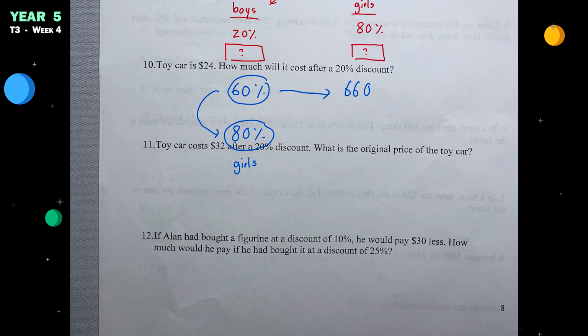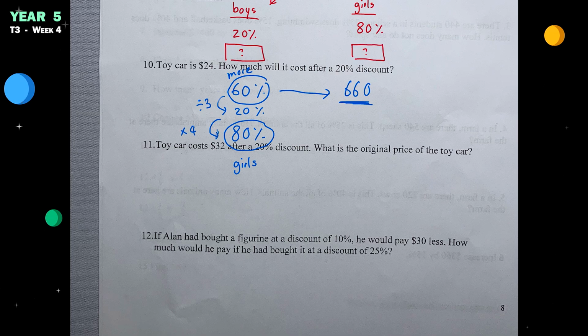All right, so let's go. So can we go from 60 to 80 quickly? No, we can go from 60 to 20 easily, and that's just divided by 3, and then from that one to that one you just times it by 4.